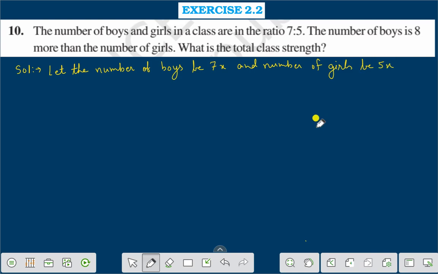Here the number of boys is 8 more than the number of girls.